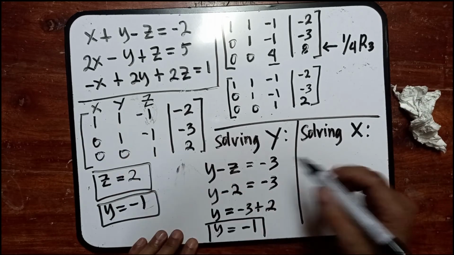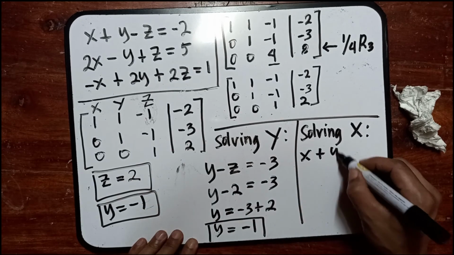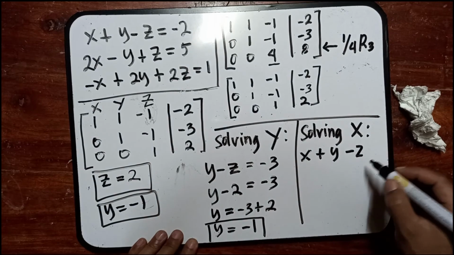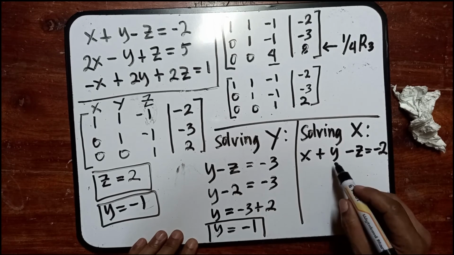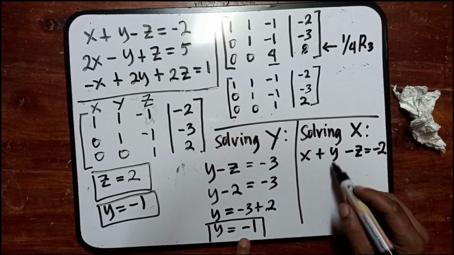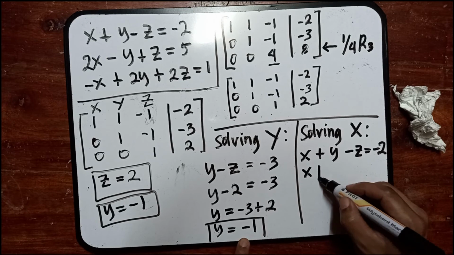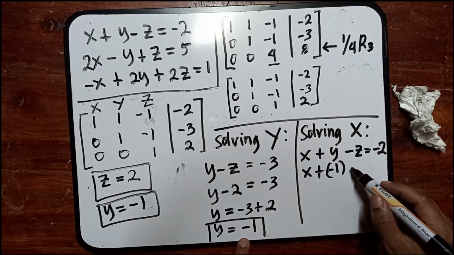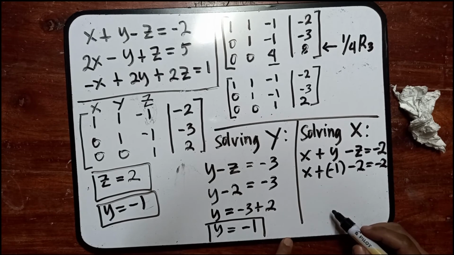So x is 1, so let's write down here x, positive y, and then negative z equals negative 2. So we know that the value for y is negative 1, so let's write this negative 1, and then for our z we have 2. Let's write here negative 1, and then negative 2.